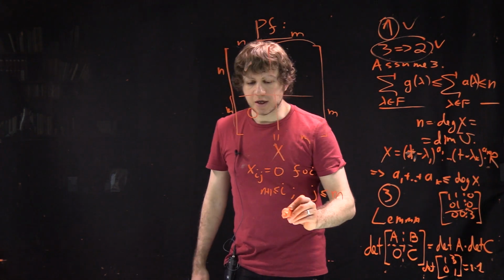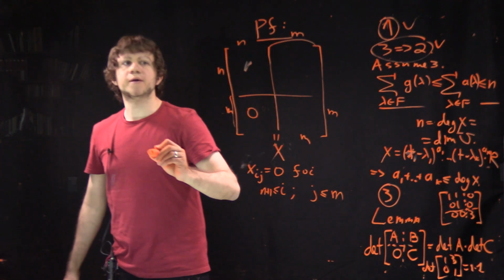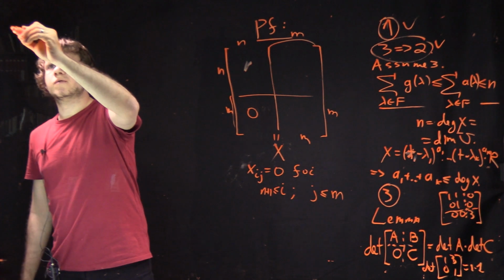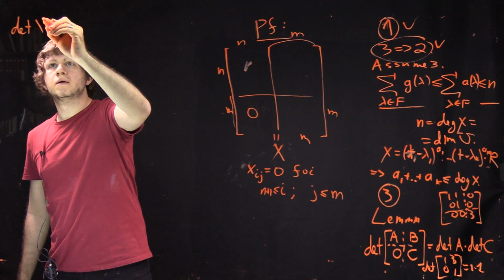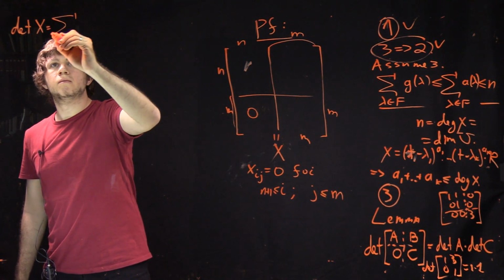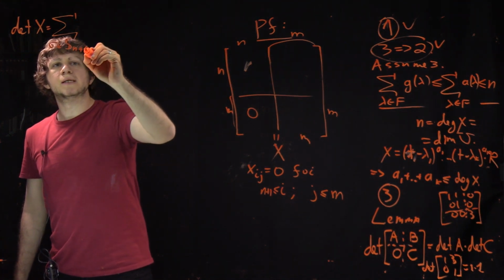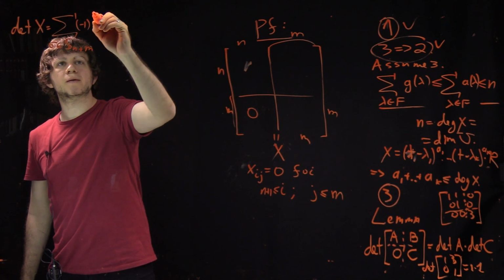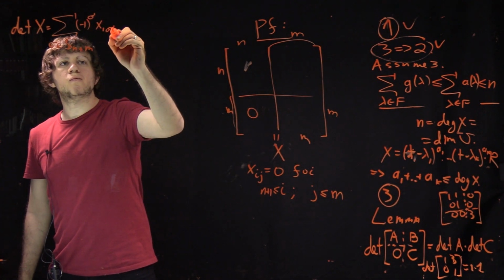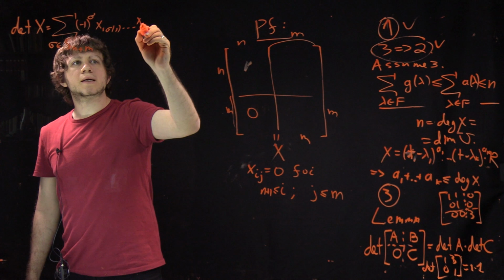Okay, so let's just write down the formula. The determinant of X equals the sum over all permutations sigma in S_{n+m} of minus 1 to the power sigma, times x_{1,sigma(1)} to x_{n,sigma(n)}.